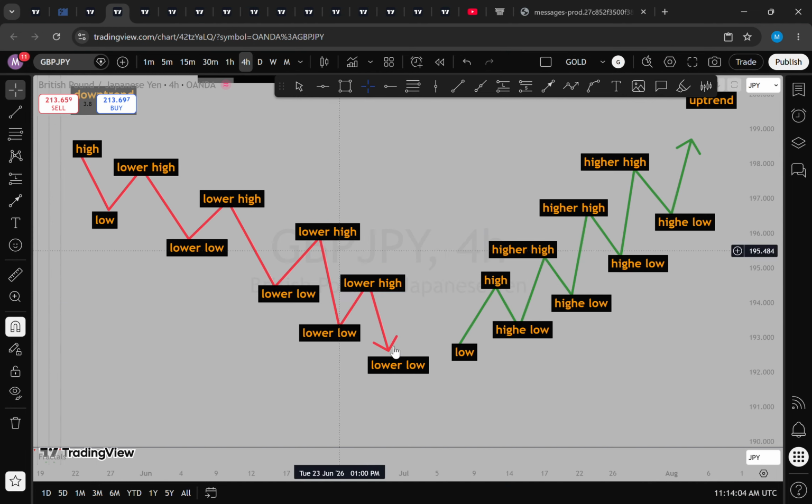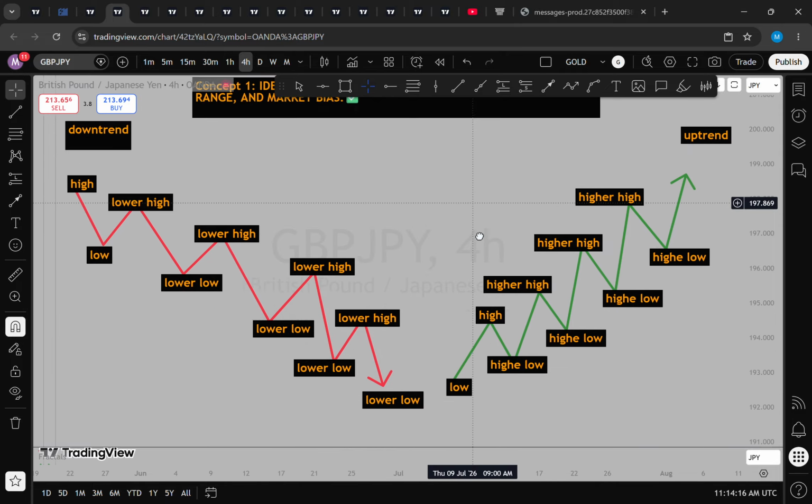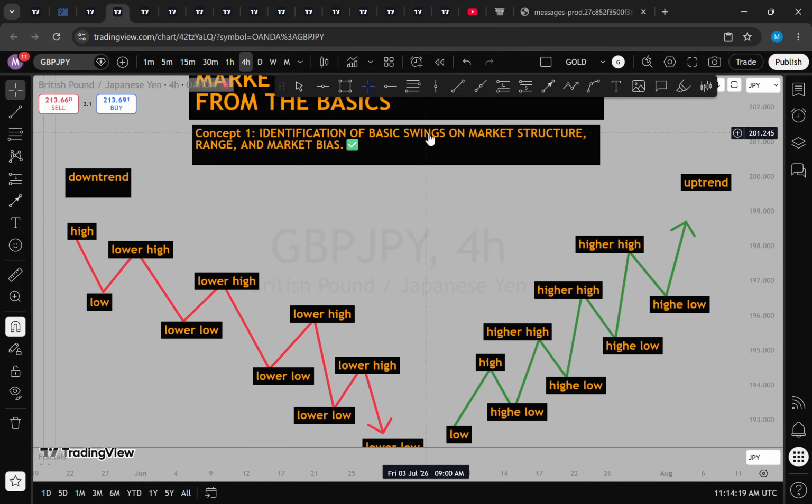So far so good. We've learned the swings: high, low, high, high, those are the swings on market structure.